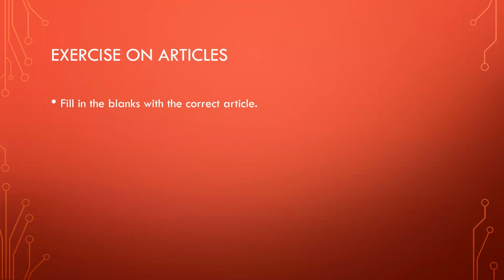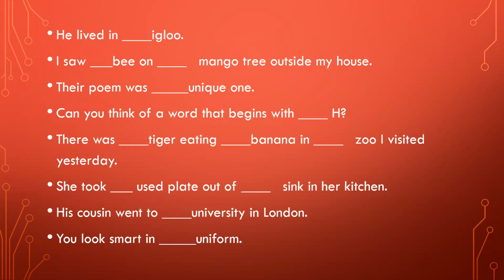Now I have another exercise for you. In this one, you should use a, an, or the. Are you ready? Look at them very carefully before you decide what you should use. He lived in dash igloo. I saw dash bee on dash mango tree outside my house.